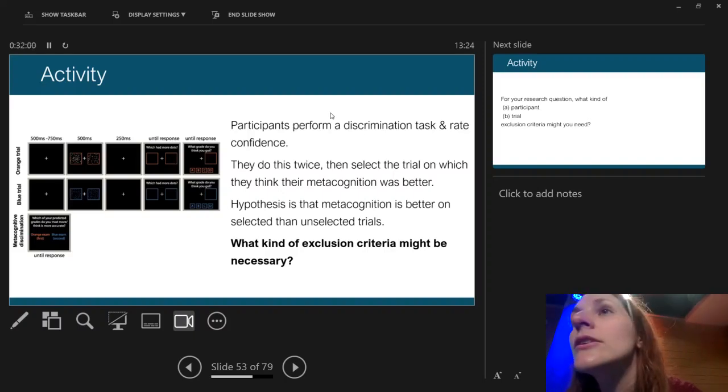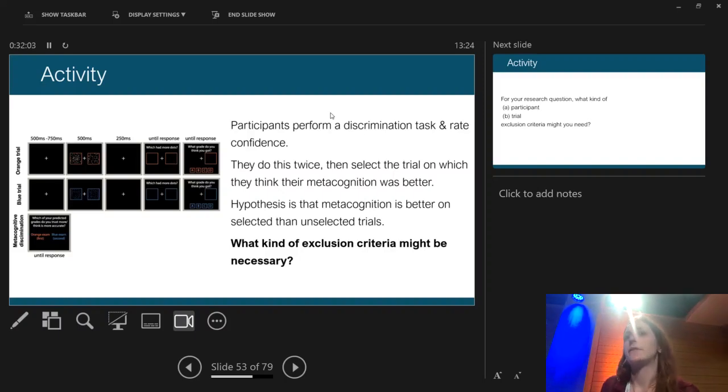Oh, yeah, absolutely. Technical failure, disconnecting. That's a nice one. That one's really hard. So if you want to compare metacognition in two conditions, you might need to know that their metacognition is meaningful in the first place and then exclude, as you're saying.